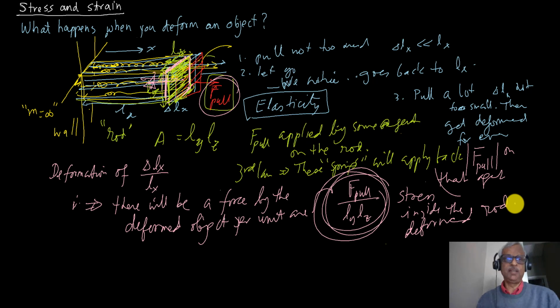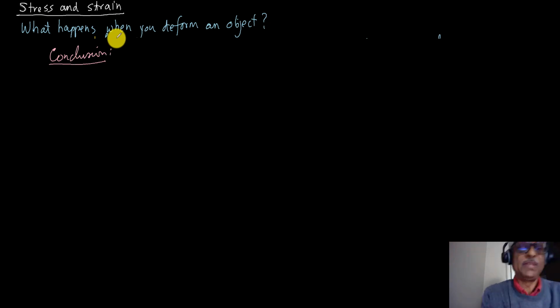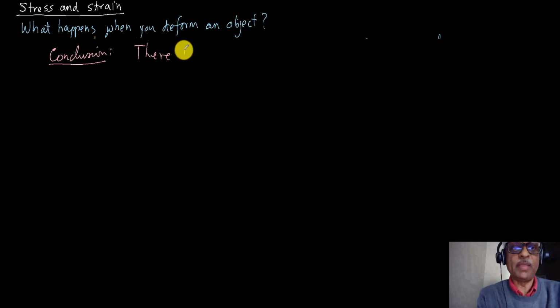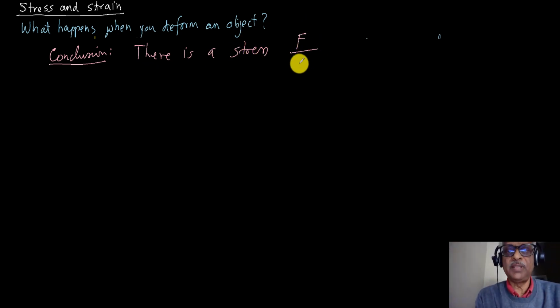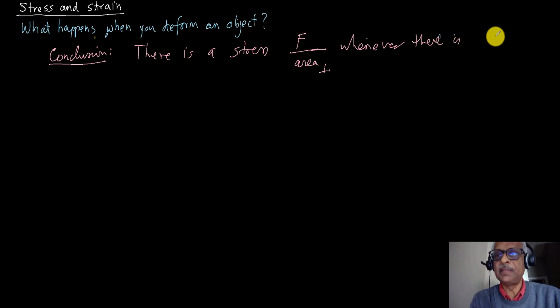Okay, so let me clean this up and clear out these definitions. So whenever there is a body that is deformed, the conclusion is there is a stress: F over area, where the area is perpendicular to the direction it was pulled, right?